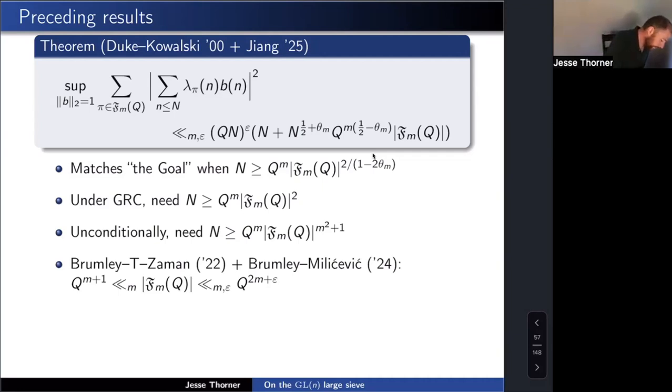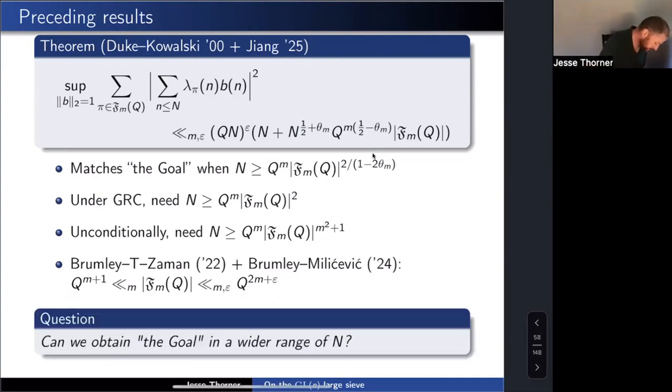We expect the lower bound, which is due to Brumley and Milosevic, to be the true order of magnitude, and the best that we can do in the way of an upper bound was established by Brumley, myself, and Zaman. And so what we'd like to be able to do is establish our goal of perfect quasi-orthogonality in a wider range of big N.